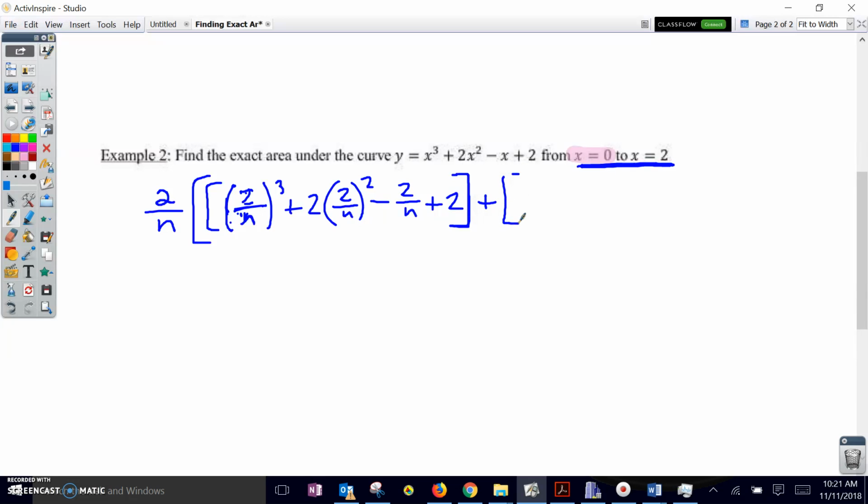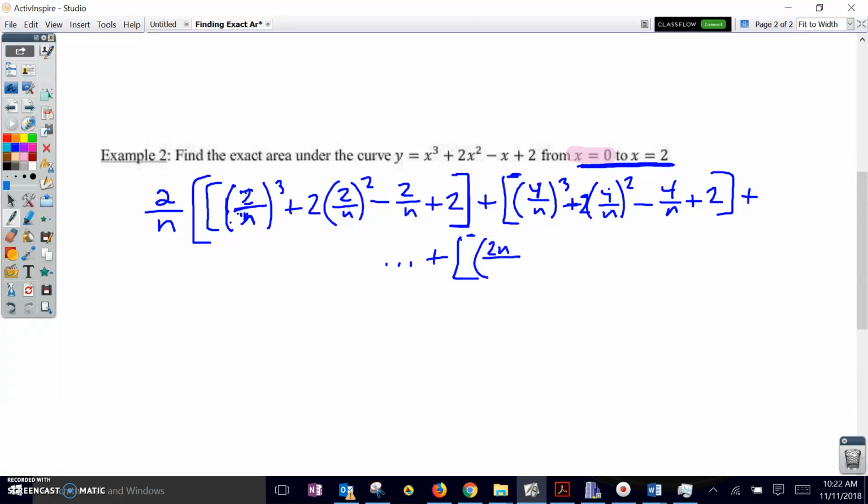And then the second rectangle will be at 4 over n, and we'll add up all the rectangles all the way up to the last rectangle, which happens at 2, which I'm going to write as 2n over n.